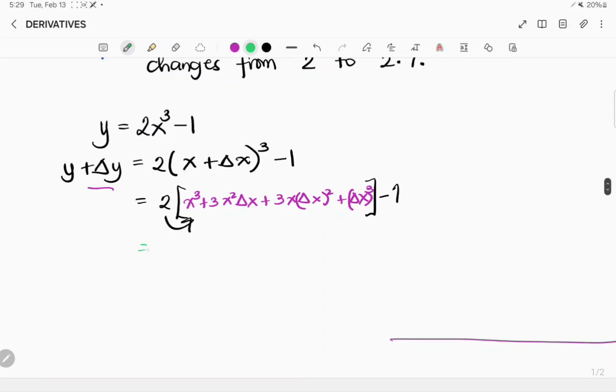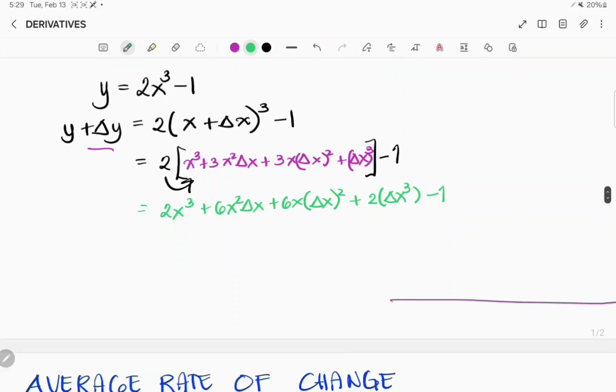It will become 2x cubed plus 6x squared change of x plus 6x change of x squared plus 2 change of x cubed minus 1. Now we cannot combine any terms here. So what we have to do now is to use the commutative property in order to move y on the other side of the equation.